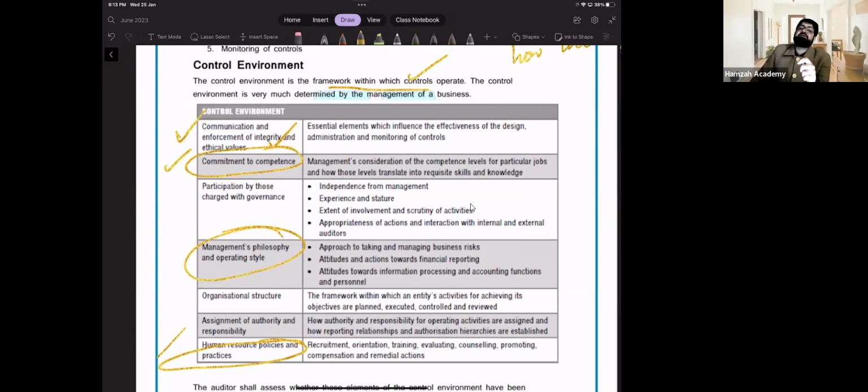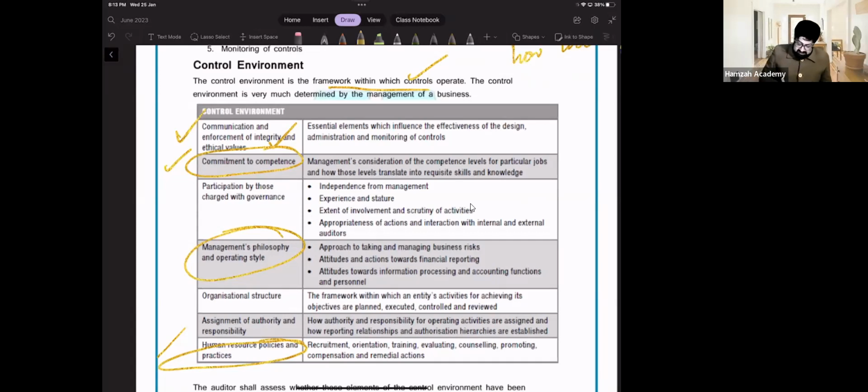How important is the control? How much importance do they give? And how do they manage? What is their attitude towards risk faced by the business? If it is a casual attitude, a poor attitude, ultimately the control environment will be weak, or vice versa.